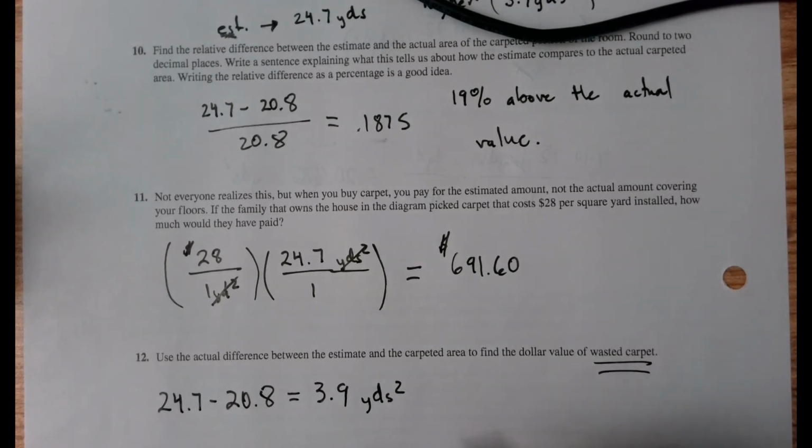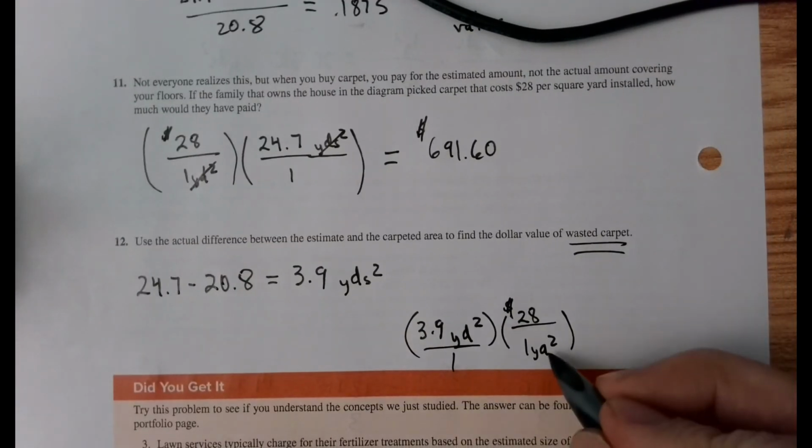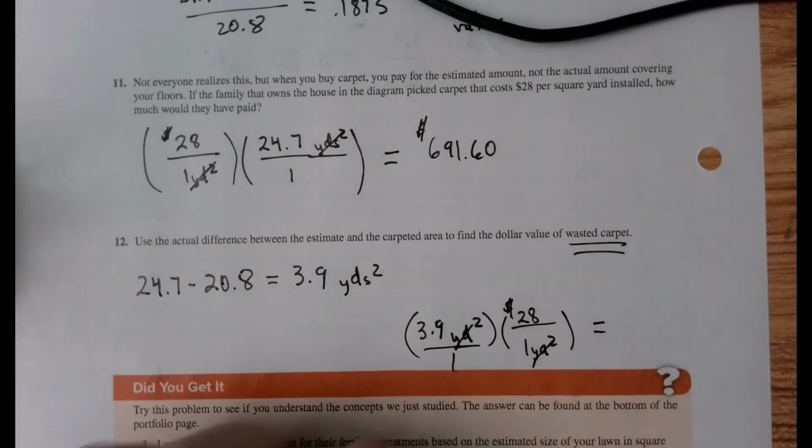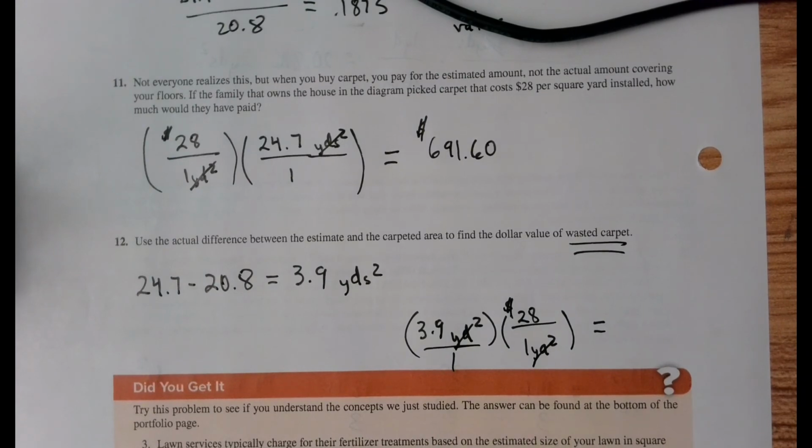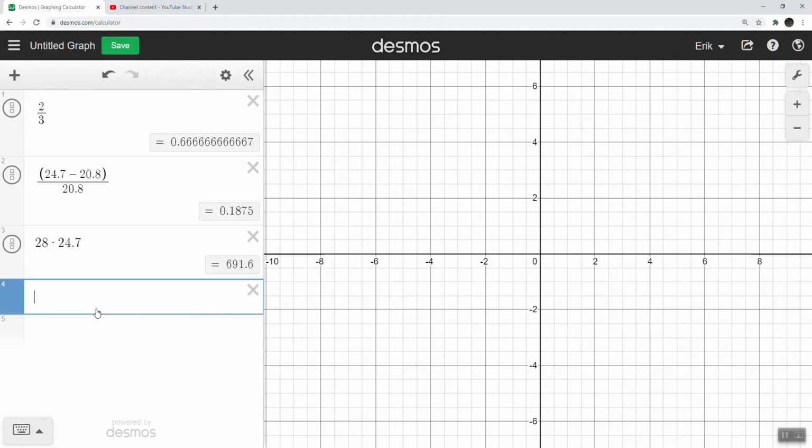And what we would then do is take this 3.9 yards squared and multiply it times the $28 per 1 yard squared. Note this is over 1. So again, these values are going to cancel and we'll be left with a dollar amount of wasted money on that carpet. So 28 times 3.9, which is $109.20.